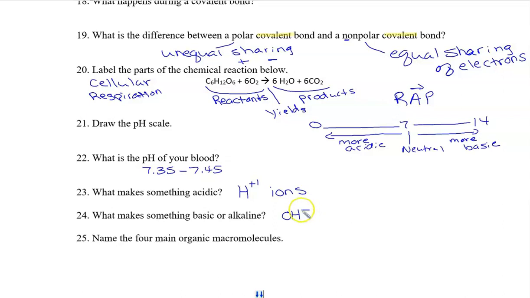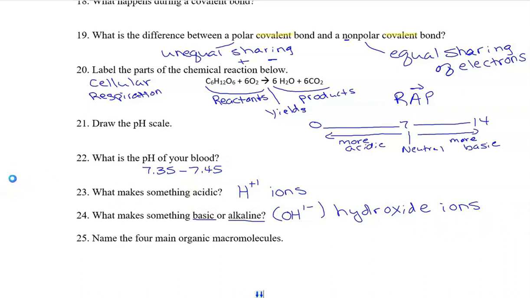It's OH, with a 1 minus charge, and this is called hydroxide. If you get a lot of hydroxide ions, something becomes basic, also called alkaline. So if you see that word alkaline, that means basic. If something's acidic, it has more hydrogen ions.